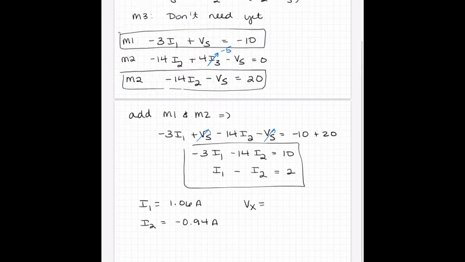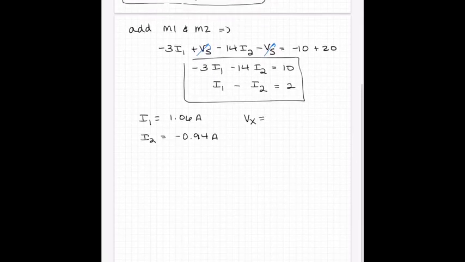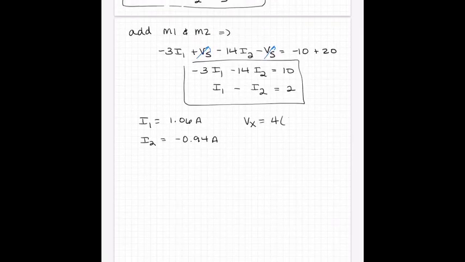Again, Vx is equal to 4 times I3 minus I2, so this equation here. When we substitute in everything, that's minus 16.24 volts.